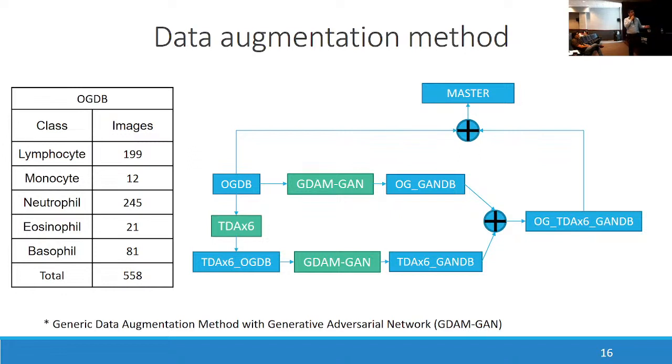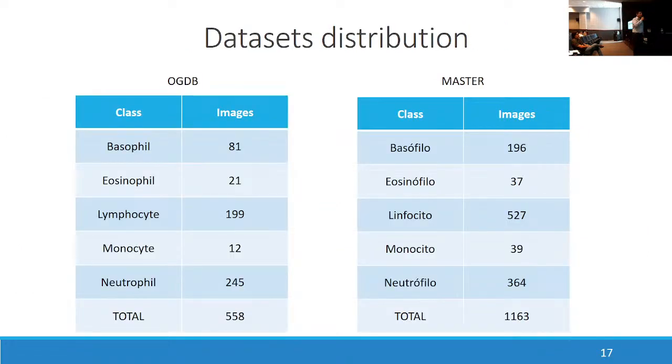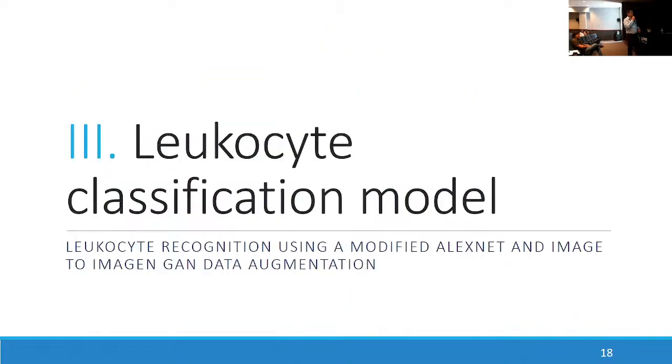Then we're going to keep them together and have a new dataset called master. With the GAN data augmentation, we now get 1,000 images. It's more than 100% augmentation. And we're going to use these two datasets to train the classification models. So now we're in the part of the leukocyte classification model.